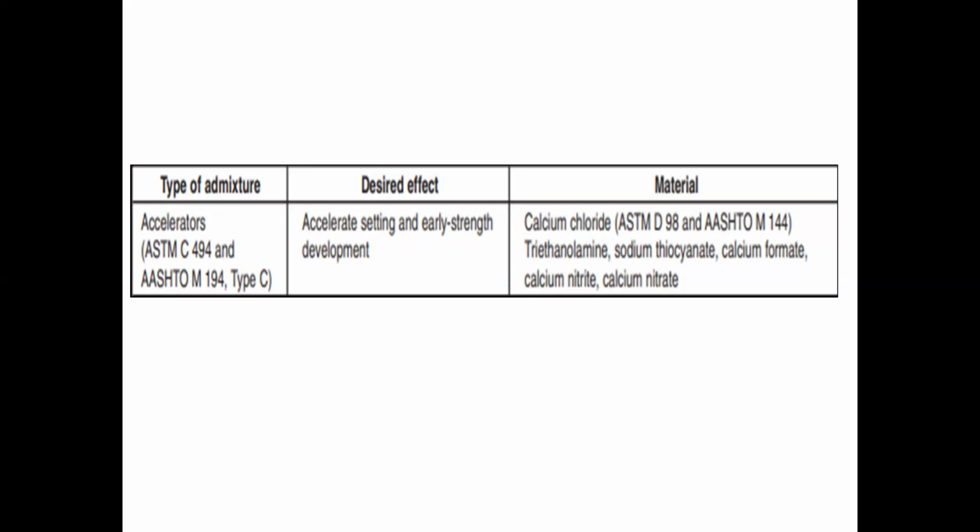So we have the type of admixtures na tinatawag nating accelerators under ASTM C494 type C. Ang desired effect nito is to accelerate setting and early strength development. The materials are calcium chloride, triethanolamine, sodium thiocyanate, calcium formate, calcium nitrite, and calcium nitrate. So yun yung mga materials ng accelerators natin.